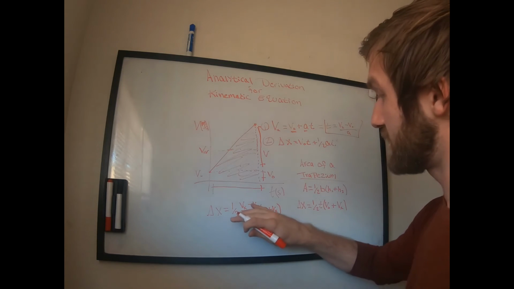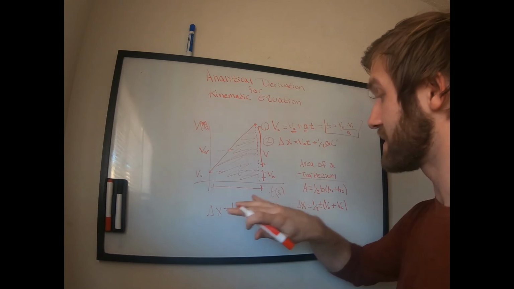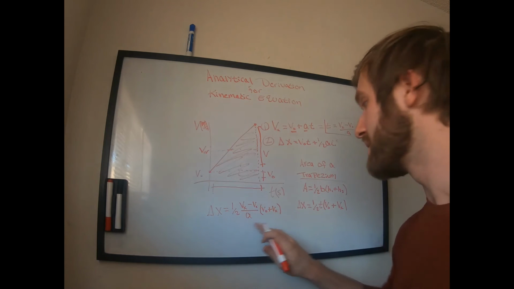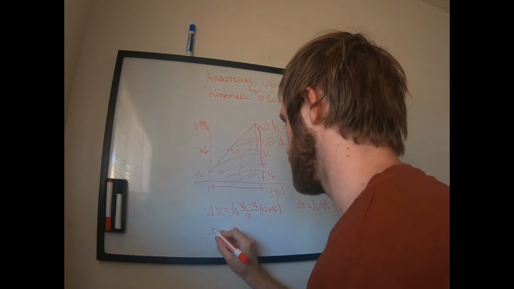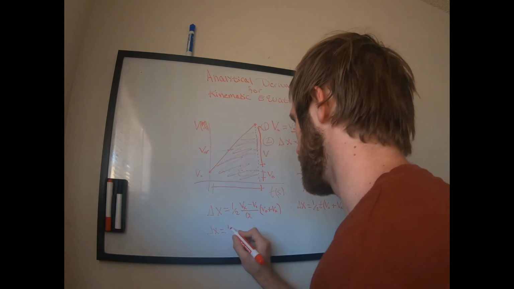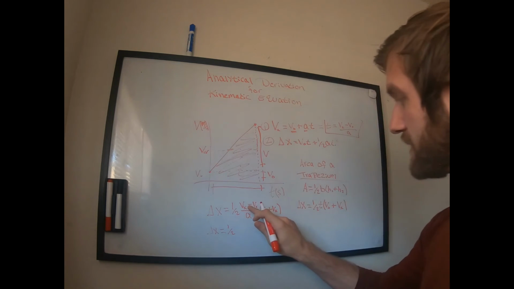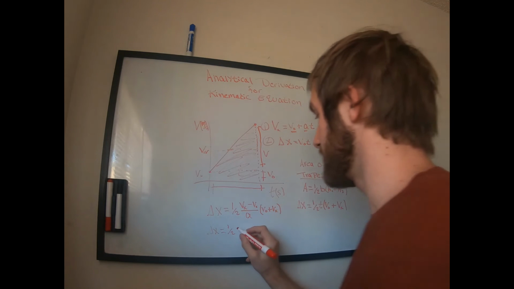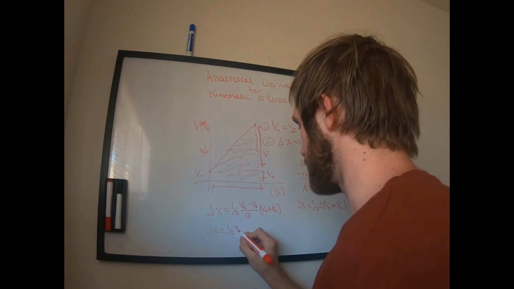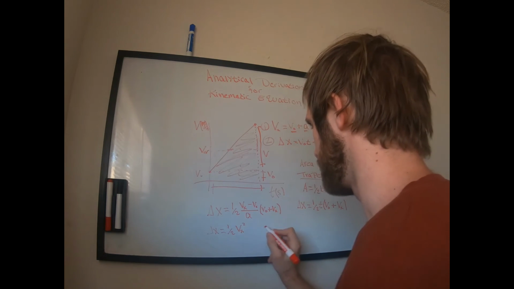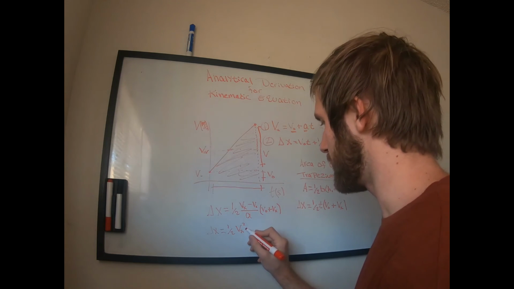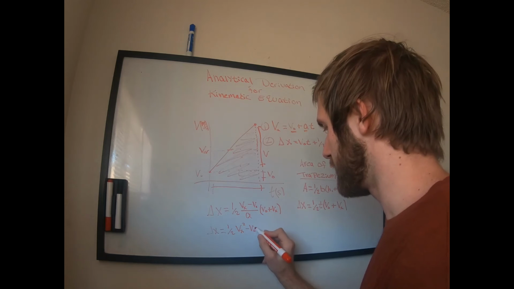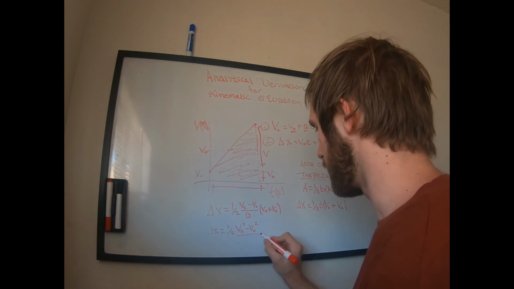We have our two sets of variables here for our velocities. We can represent that by delta x is equal to 1/2, v sub x times v sub x is final velocity squared, and then multiplying our initial velocities will be minus v naught squared, over a.